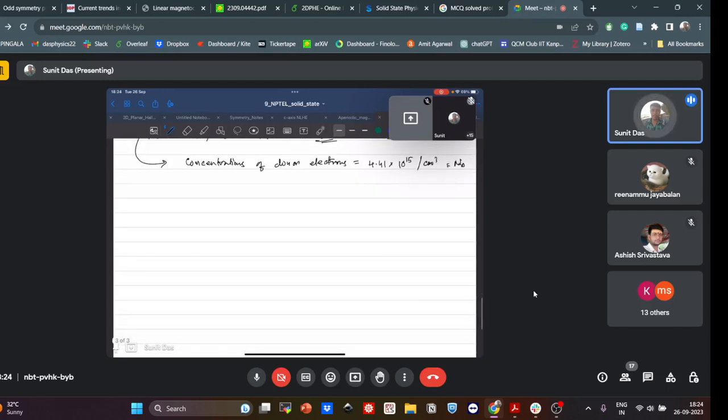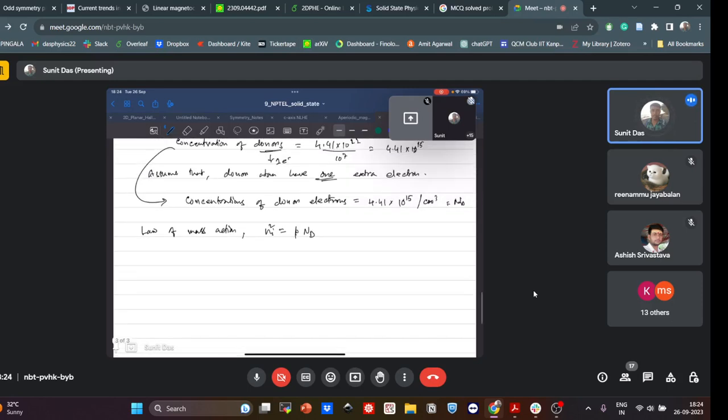Now there is a law of mass action which says the square of the intrinsic concentration of the material is equal to the concentration of holes and the concentration of donor electrons.